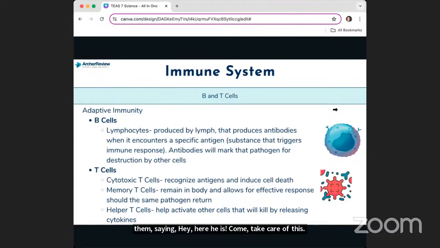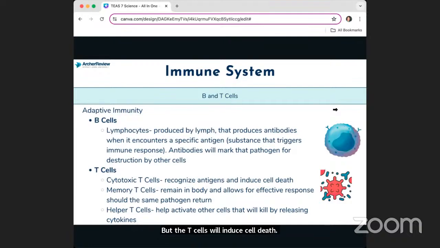Your T cells come in different kinds. One is the cytotoxic T cells, which recognize those antigens and actually induce cell death. Notice how the B cells don't carry out destruction. They just mark pathogens for destruction. But the T cells will induce cell death.